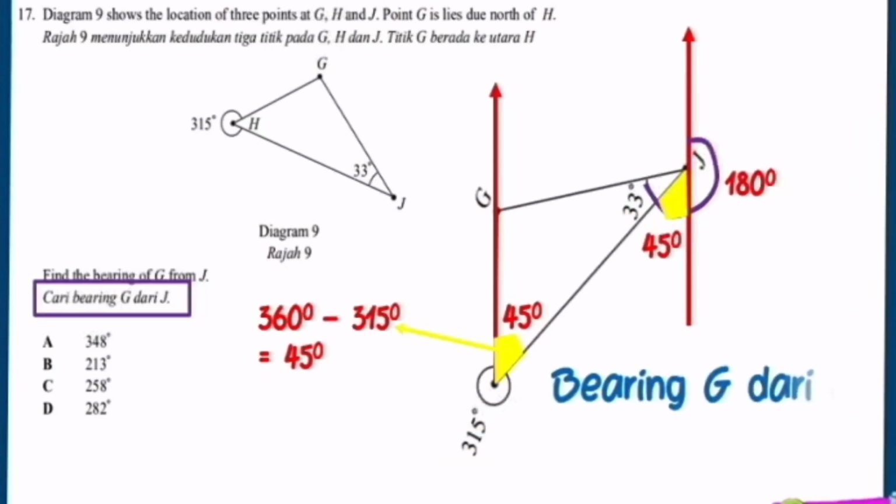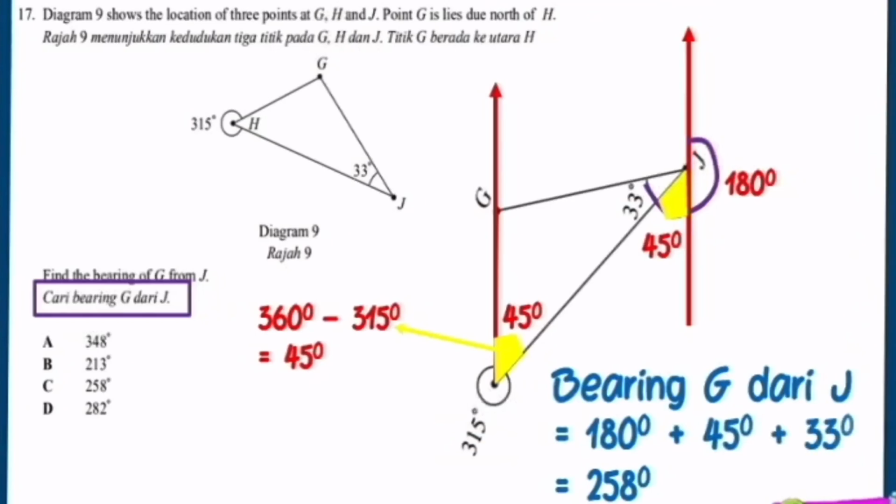You can use a calculator and add up all the angles. So 180 degrees plus 45 degrees plus 33 degrees is equivalent to 258 degrees, right? So the answer should be C, right?